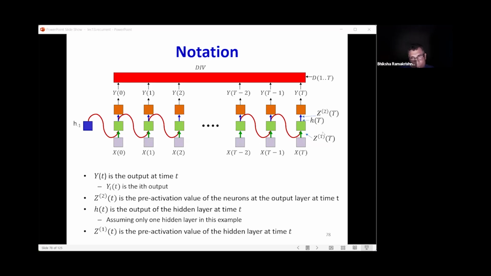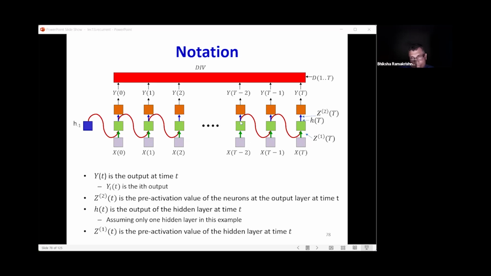So this is just the notation. At any time, I'm using different notations. These are the affine terms, H are the hidden states. So over here, Z superscript 1 is the affine term at the input to the hidden state activation, and H is going to be the output of the hidden state activation.